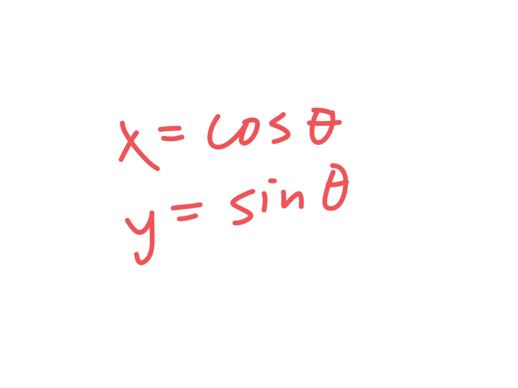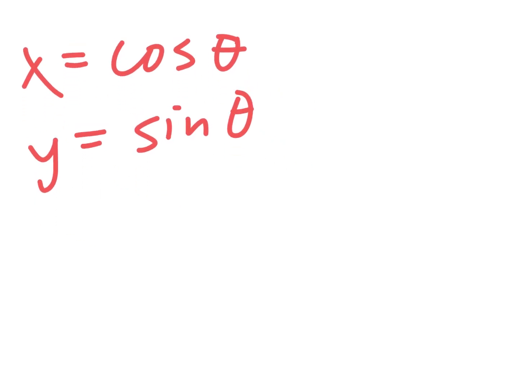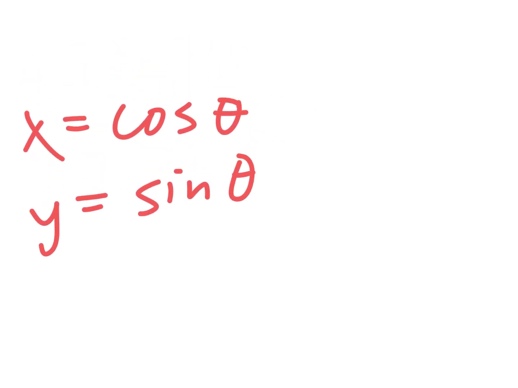Why isn't it parametric? There's no t, and what else? There's no limit. Normally we have a limit on parametrics that goes from this to that. Even if the limit is no limits, which is like saying t is between -infinity and +infinity, there's usually a limit, and there's usually a t.